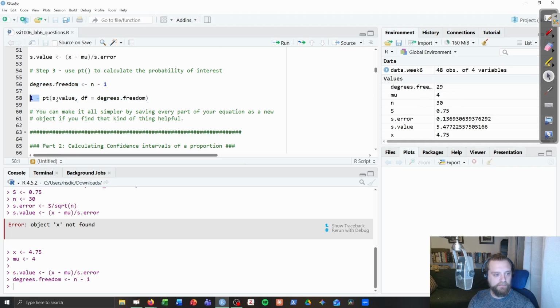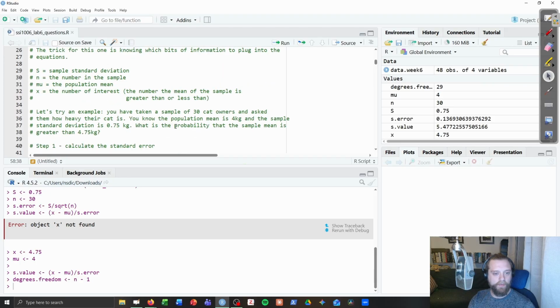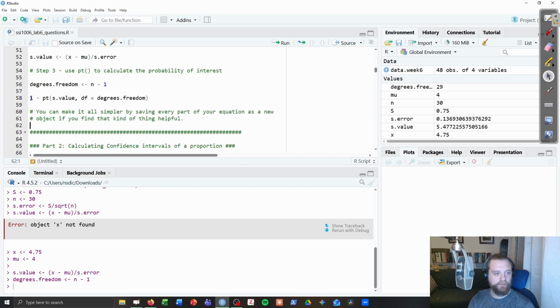Now the final thing is then, because we are interested in the probability that the sample mean is greater than 4.75, we're going to subtract this value from 1. If we're interested in the probability of getting a sample mean being less than 4.75, then we would delete this, and we would just calculate pt.